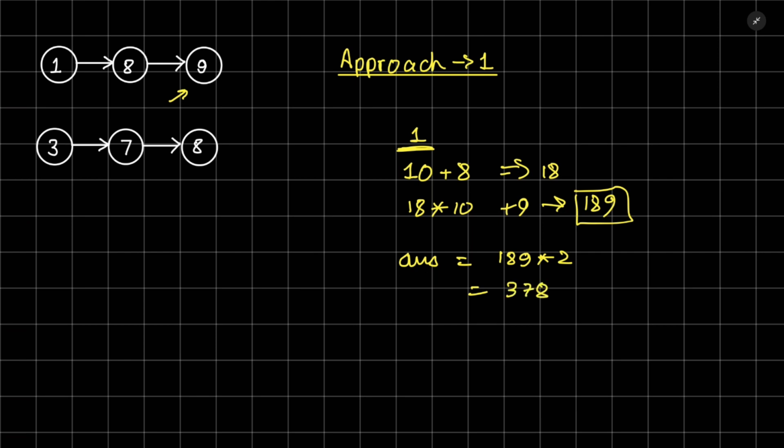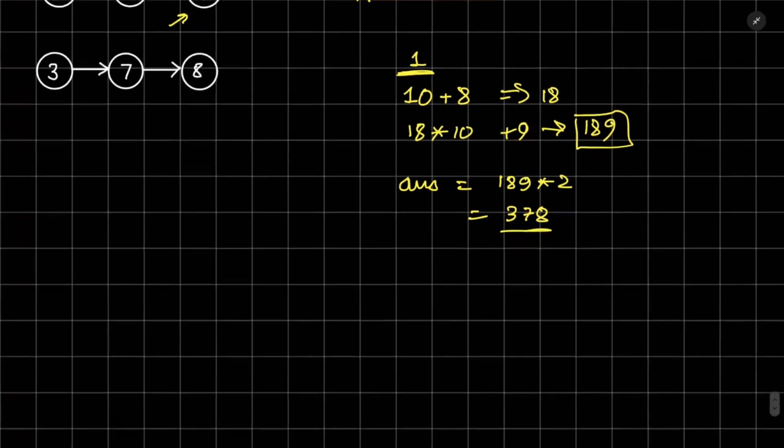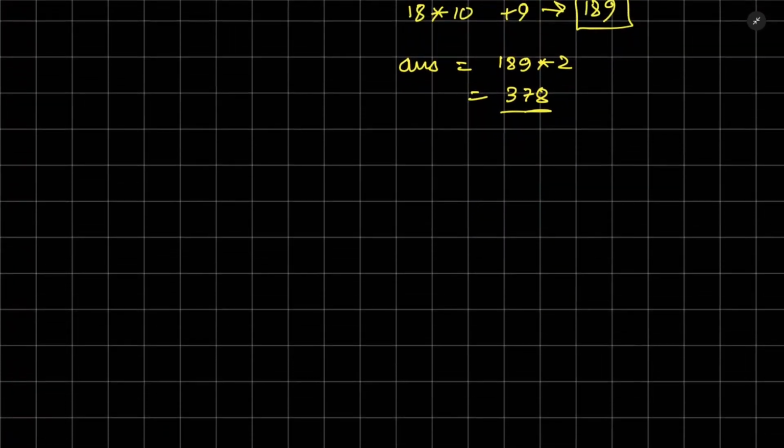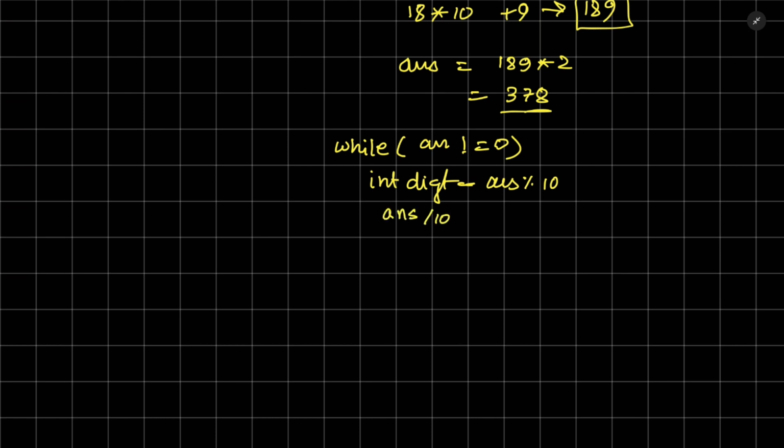Now what's left is that we have to convert this number back to a linked list. How can we do that? We can use a while loop, and in that while loop, until this answer is not equal to 0, we will take a digit which will be answer mod 10, and then we'll divide the answer by 10 to get the next digit in the next iteration.